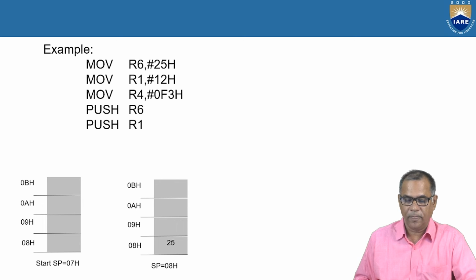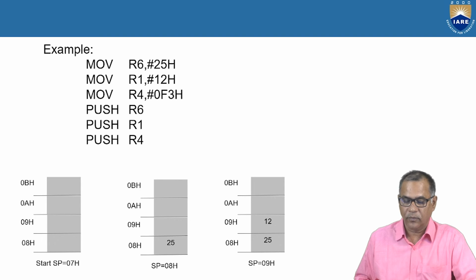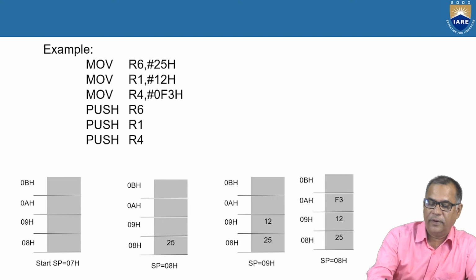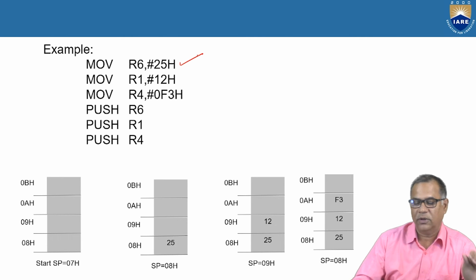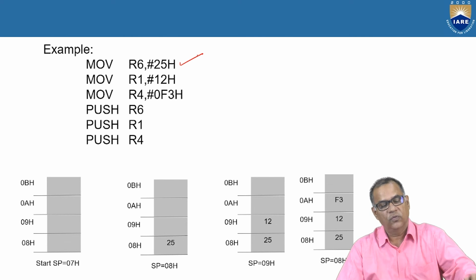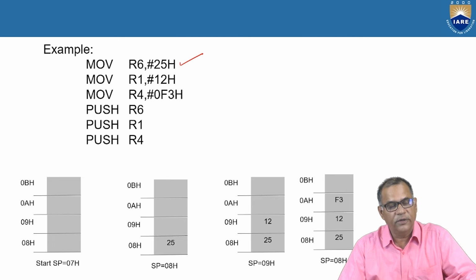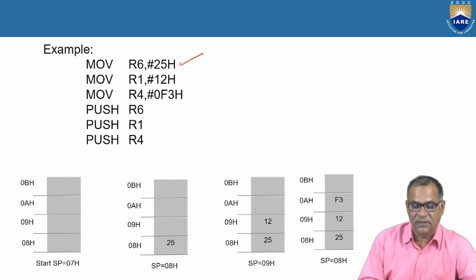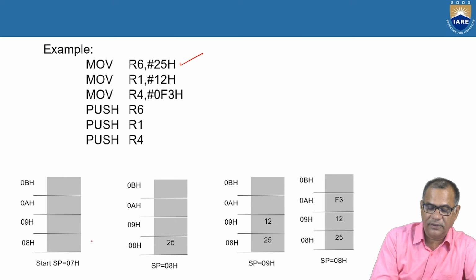Now you see here, move R6, 25H. So I am moving 25 data to R6, then move 12 to R1, then move F3 to R4. Now push R6. When I am pushing R6, the contents of R6, which is 25, is moved to the stack, and the stack pointer is incremented to 08.